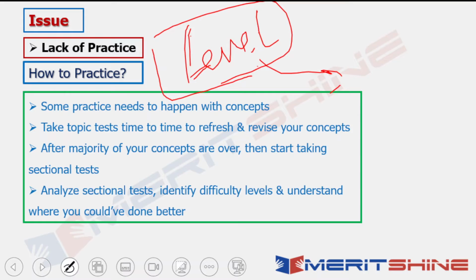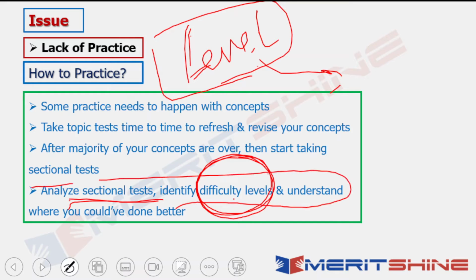But if you are studying by yourself, what do you need to do? You need to analyze the sectional test and identify the difficulty level of the questions by yourself. First of all, if the test series gives you level-wise difficulty, then it is okay. Take up level 1, level 2 and practice only them. And inside those level 1, level 2 also analyze which kind of questions you got wrong and which kind of questions you got right, whether more difficult or less difficult, right?